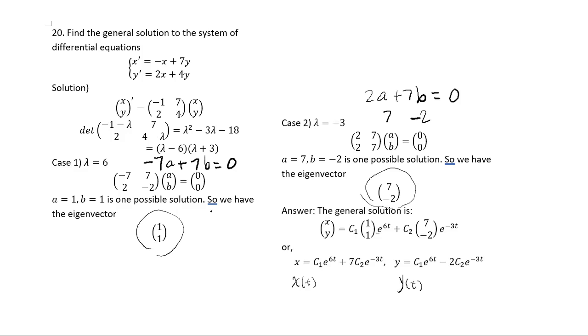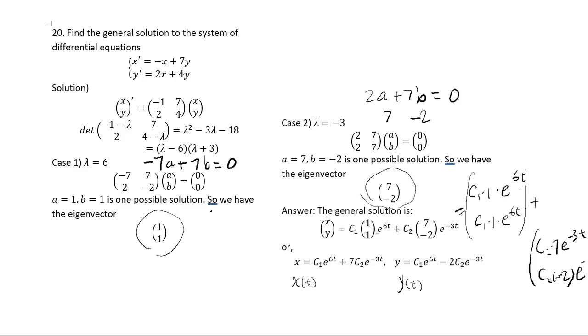You multiply these together, so this is really equal to C1 times 1 times e to the 6t, and C1 times 1 times e to the 6t, right? That's one vector. Plus, the next one is C2 times 7 times e to the -3t, and this is C2 times -2 times e to the -3t.